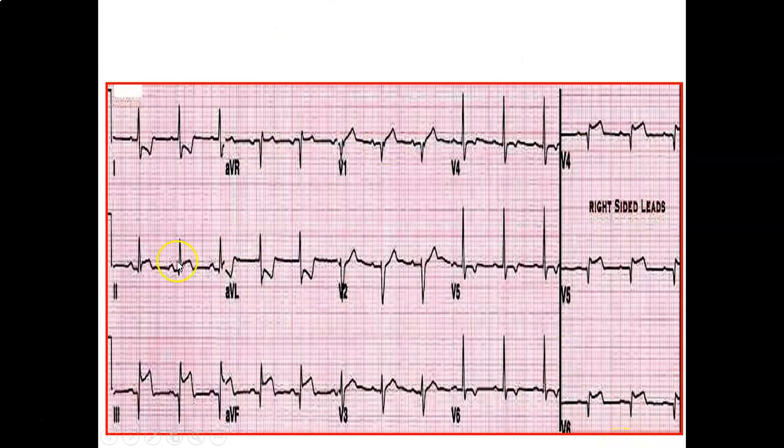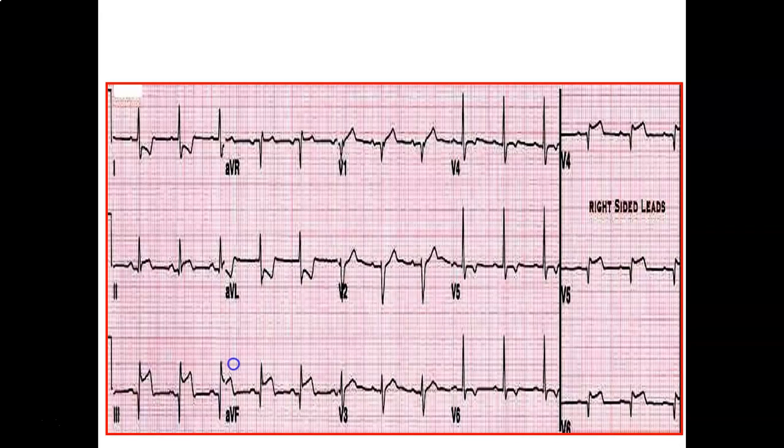So look at this ECG and you will appreciate ST segment elevation in 2, 3 and AVF, which is the inferior wall myocardial infarction. So whenever you see inferior wall myocardial infarction, it is important to look for 2 more myocardial infarctions. These are the right ventricular infarction and posterior wall myocardial infarction.